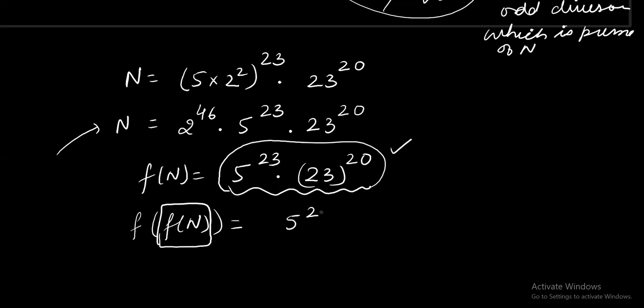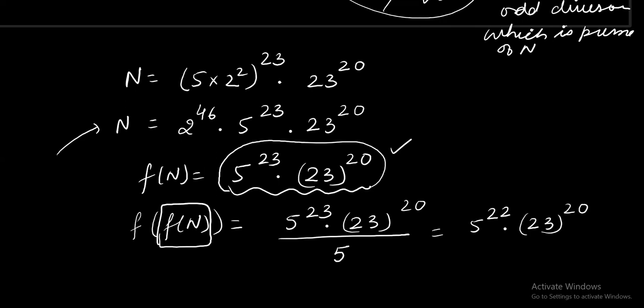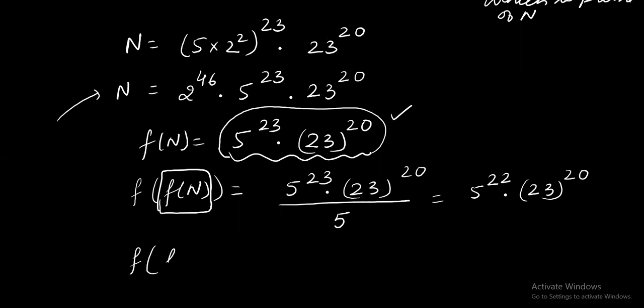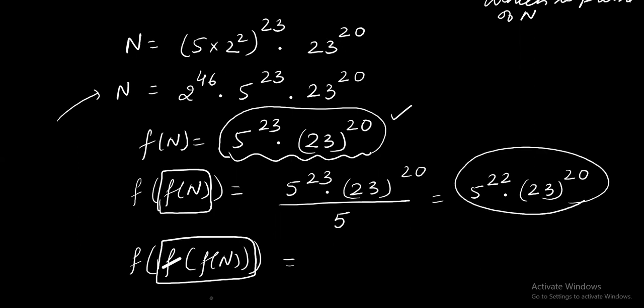You will get your answer as 5 power 23 into 23 raised to the power 20 divided by the smallest odd prime divisor. What is the smallest odd prime divisor? It is 5. So this is going to become 5 power 22 into 23 raised to the power 20. But I need to find out f of f of n, right?